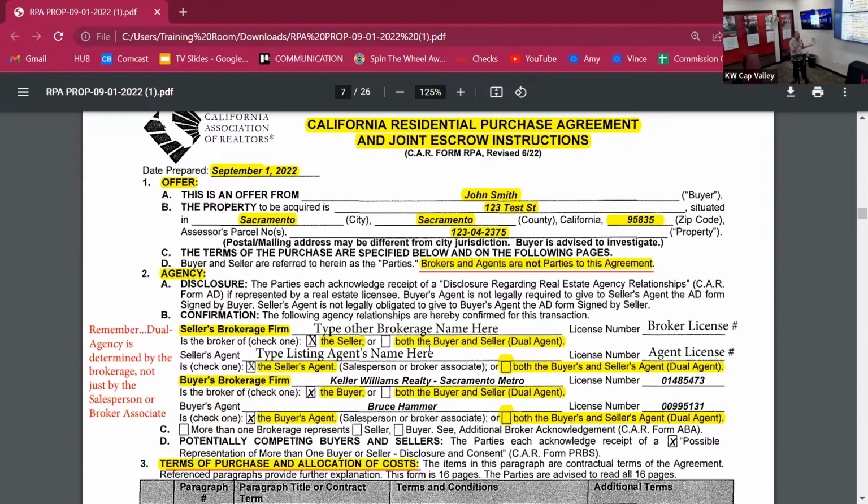And one of two things happens there. Either they're going to have to remove their contingencies, which we'll talk about, and potentially their deposit, or they're going to have to cancel the purchase and lose out on the property. You don't want that. But we'll go through the easier stuff first.